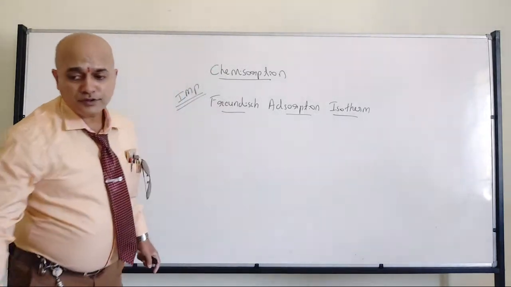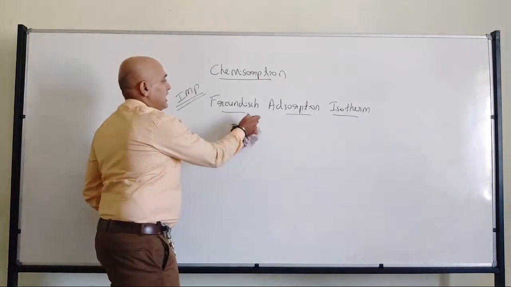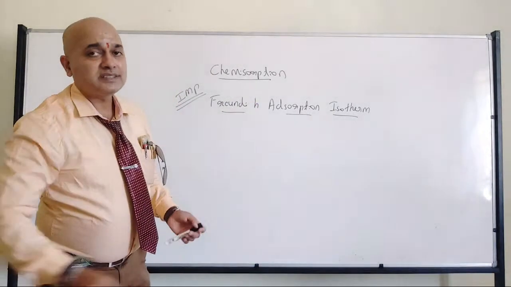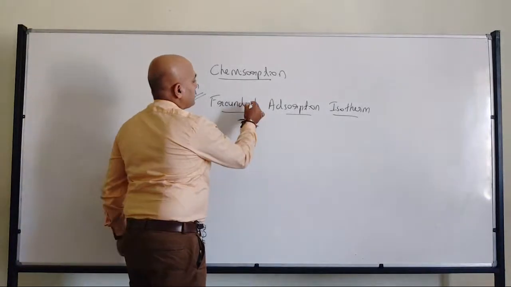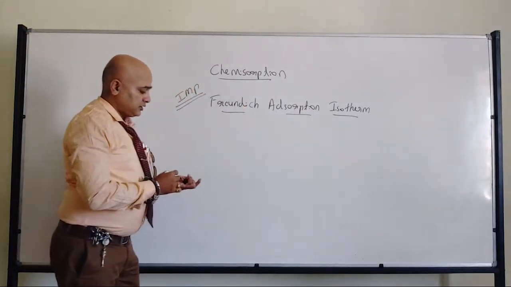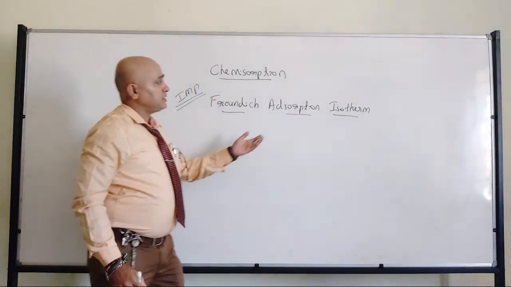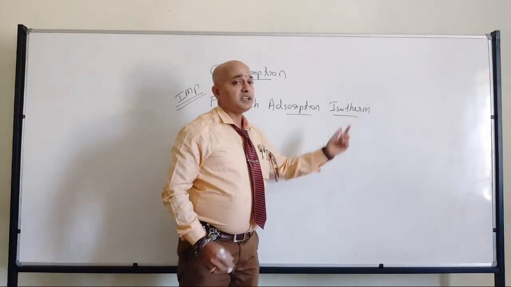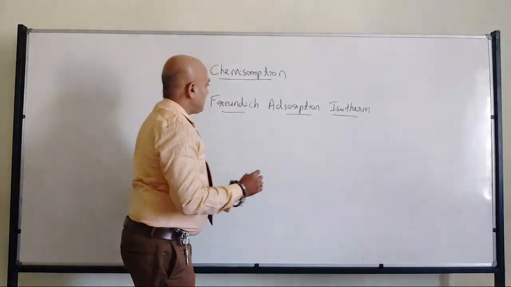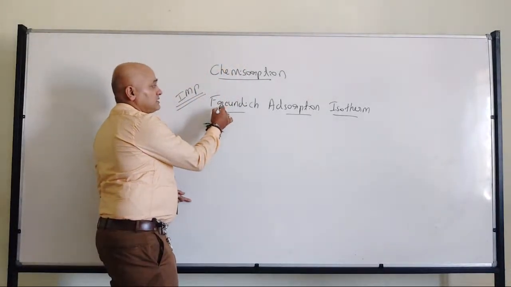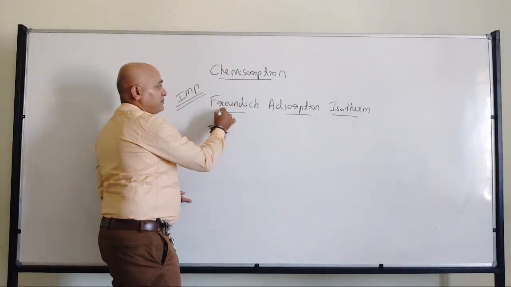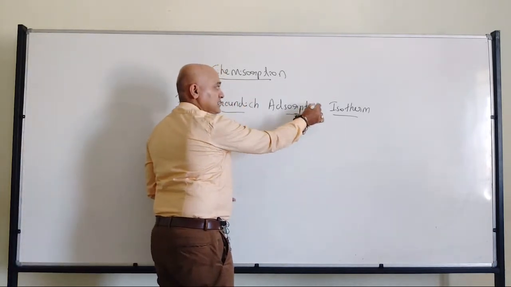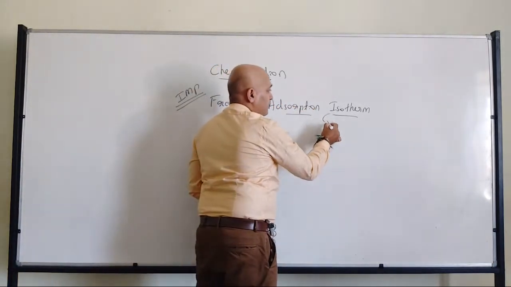When it comes to the Freundlich adsorption isotherm, the name itself talks about the relation of the adsorption process at a constant temperature. First I will clear this up. Freundlich is nothing but a person's name. Adsorption is a phenomenon.